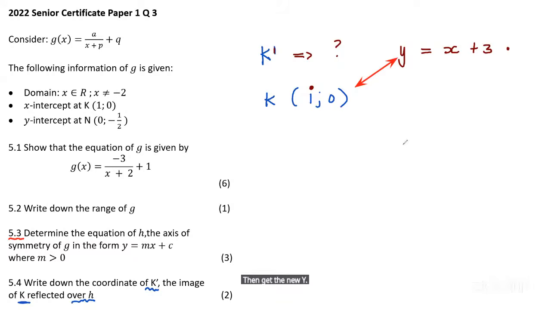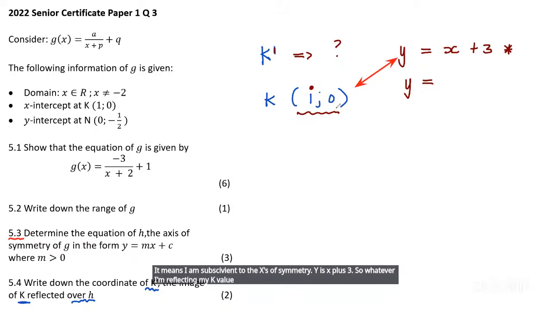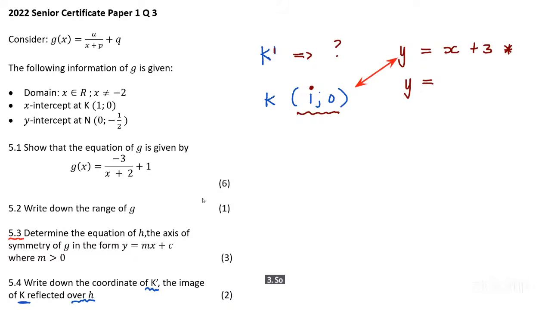Because when you're reflecting, it means I am subservient to the axis of symmetry, y is x plus 3. So whatever I'm reflecting my K value to be, it must be according to y is x plus 3. So substitute the value of x as 1 and the reflected value of y would be 4.